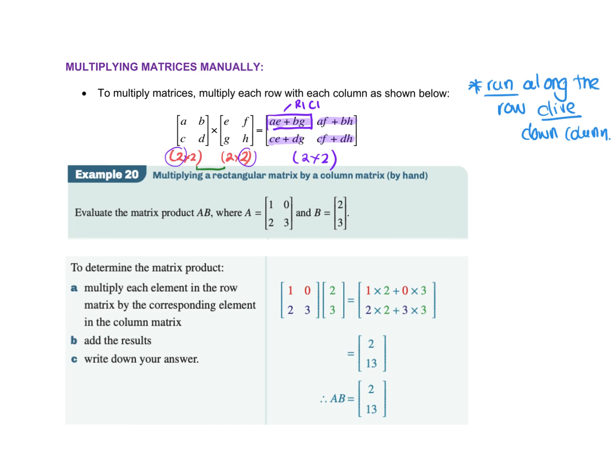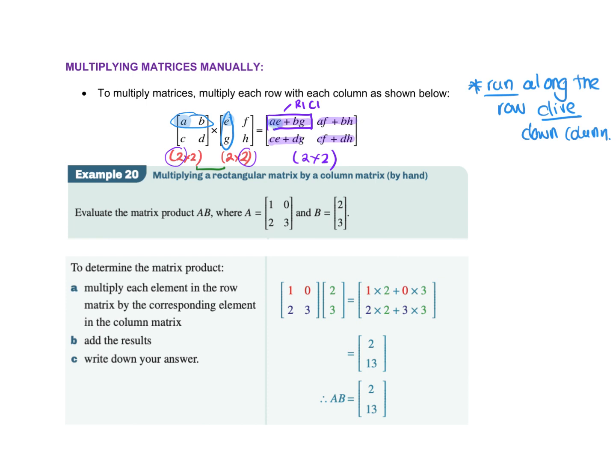It took the 2 elements from row 1 in the first matrix and multiplied them with the 2 elements in the column of the next matrix, and then added them together. So you can see here, this first number gets multiplied with E.